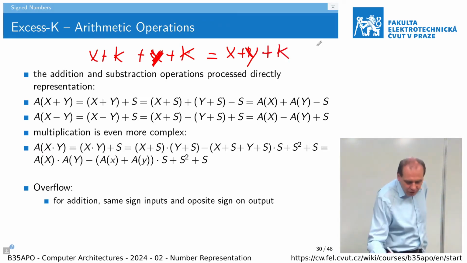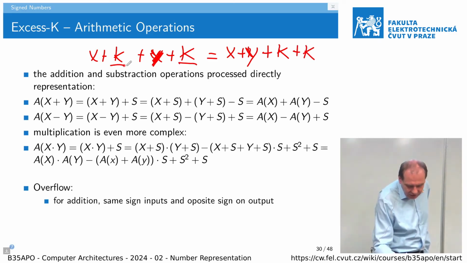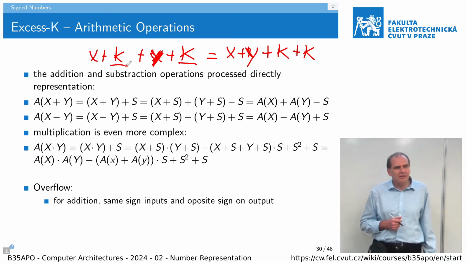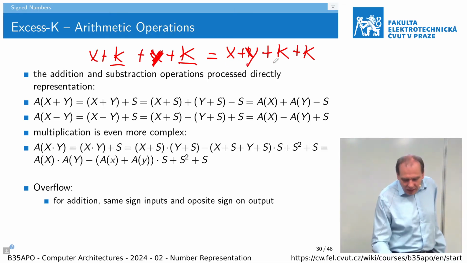But we have the k twice, because in both input representations we have already added the k. So when we do addition, the result has to be corrected by subtraction of the k.